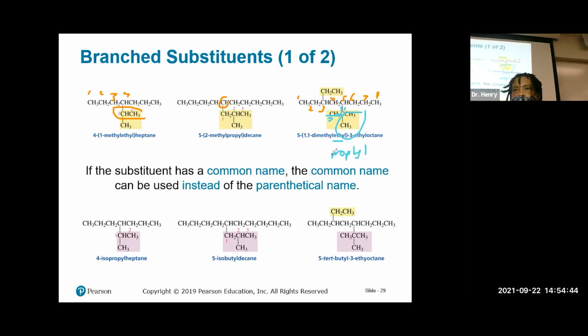Because this is a P, propyl, we would put it closer to the octane. So even though it was 1,1-dimethylpropyl, that propyl is what we're going to be looking at in terms of the alphabetical. Since these both are ethyl, we're putting the other guy as priority. Okay?